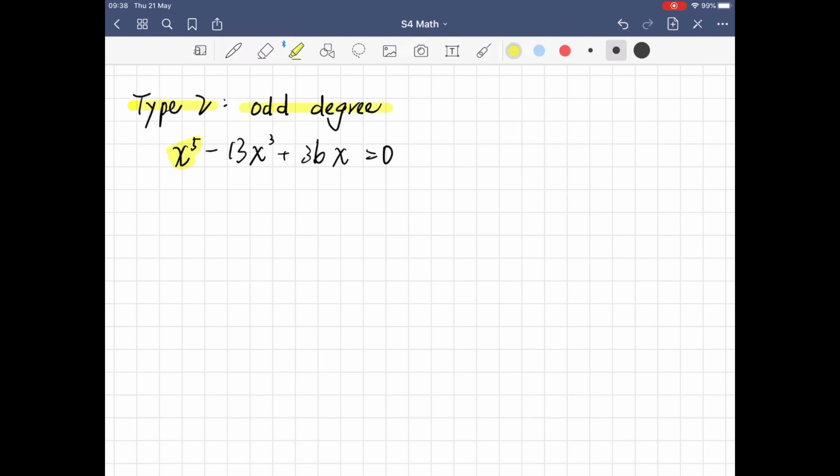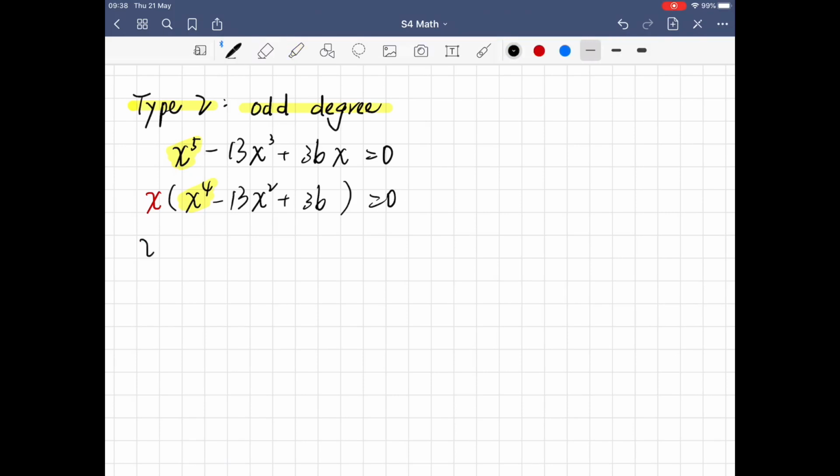So in this case, what should we do? We can first take out the common factor x. The equation will become x times (x to the power 4 minus 13x squared plus 36) equal to 0. Now as you can see, it will become an even degree equation.